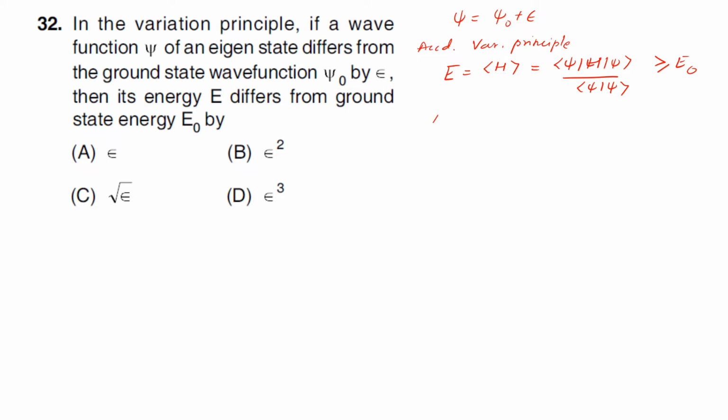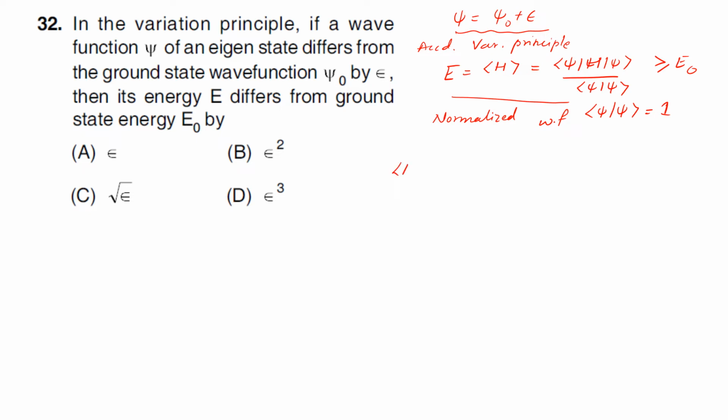And for a normalized wave function, the value of <psi|psi> is equal to 1. So here it is given that psi is equal to psi naught plus epsilon. Now substitute this in the variation principle expression.